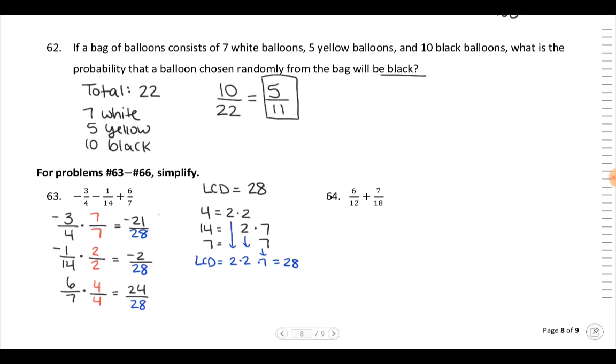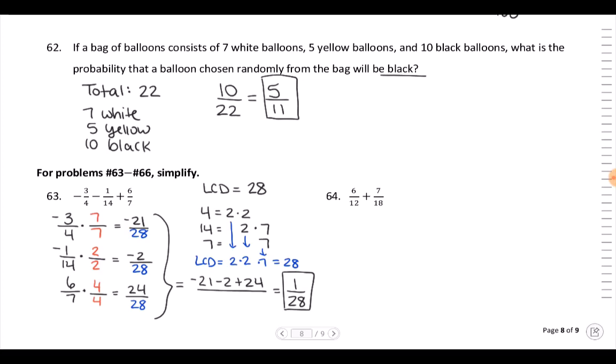So my final answer is negative 21 minus 2 plus 24, all over 28. Negative 21 minus 2 plus 24 is going to be 1. So 1 over 28 would be my final answer.